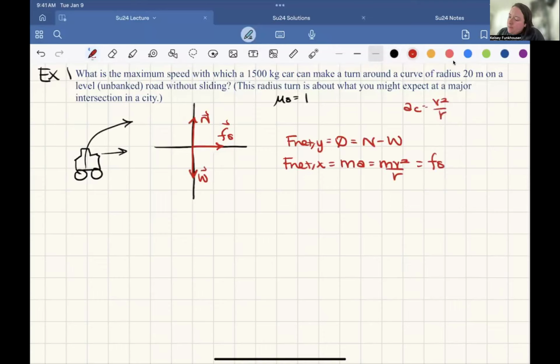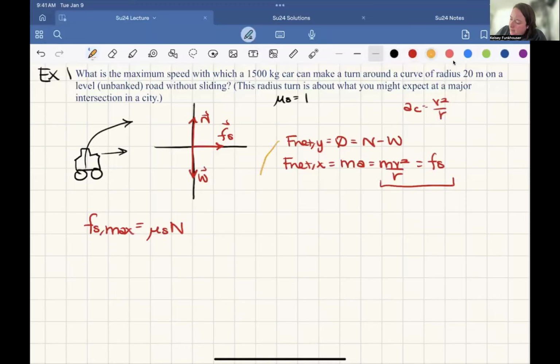Okay, cool. So looking back at what we're asked for, it is the maximum speed. We need to use this, but we also need a little bit more information about the friction force. We know static friction maximum is the coefficient times the normal force.